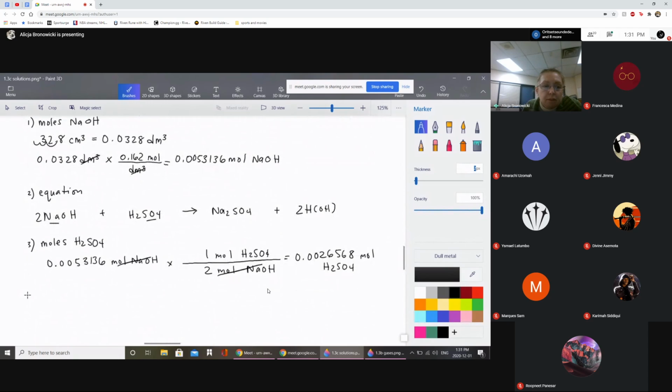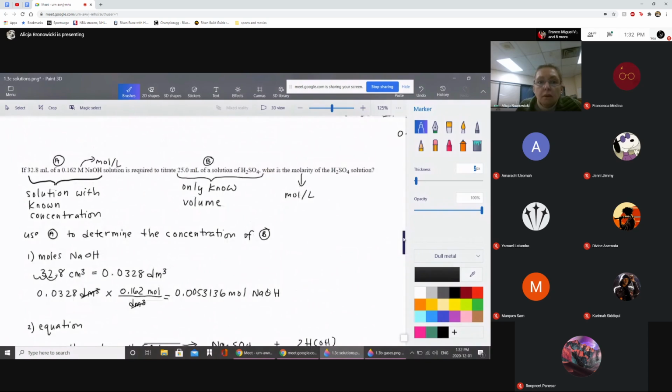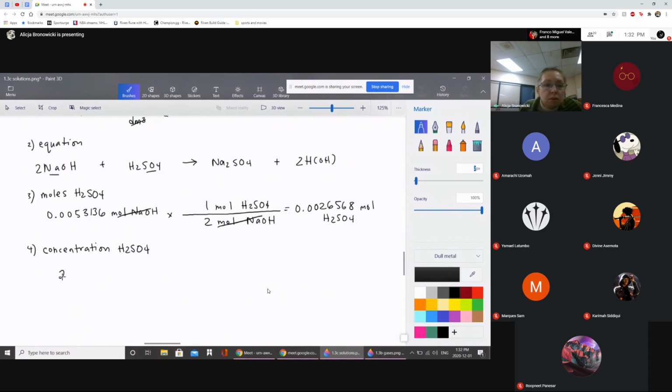So now we're going to find the concentration. Okay, so my concentration of H2SO4, I have 25.0 mL, 25 mL.